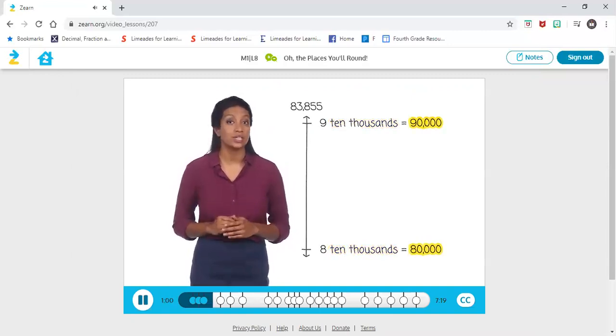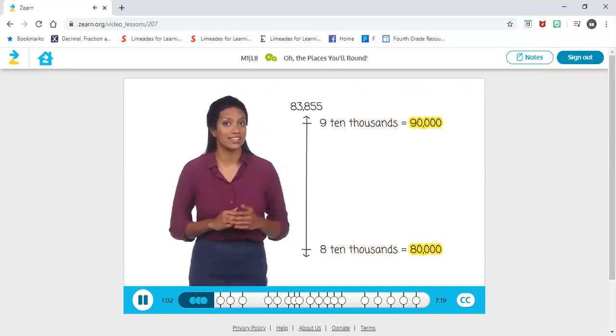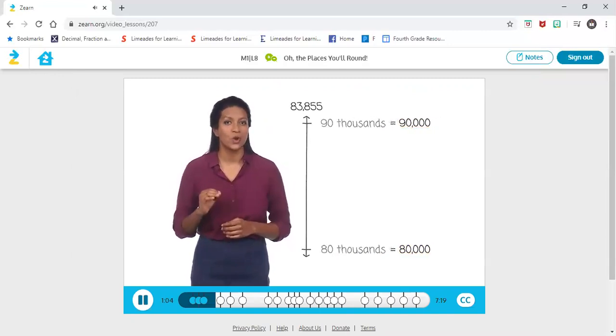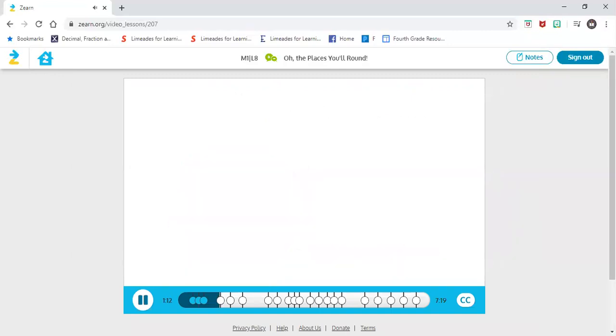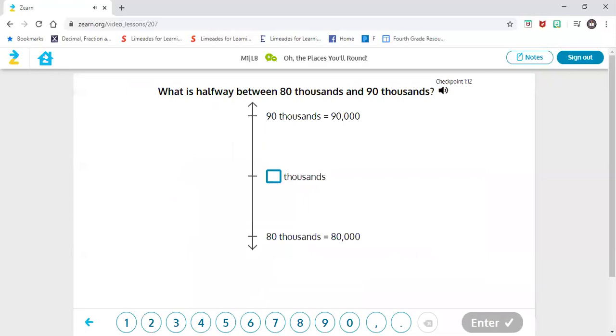What's halfway between 8 10,000s and 9 10,000s? Think. What is halfway between 80,000 and 90,000? Label the midpoint on the number line. So I'm going to think of what's between, the midpoint, which means halfway point, between 80 and 90.